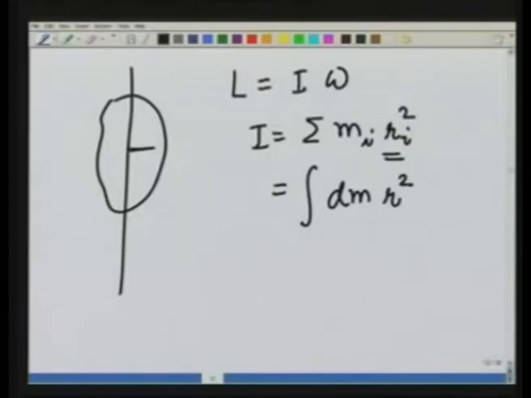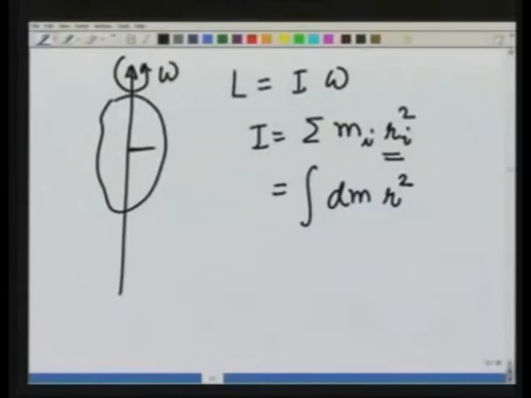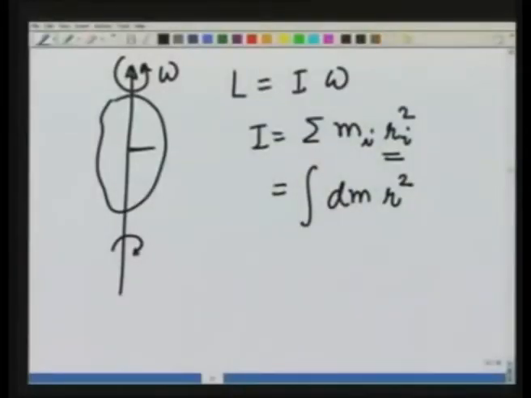Again, the sign convention is that if I take my thumb in the direction of the axis of rotation, then the curling fingers give me the positive omega. The thumb is pointing in the positive z direction or positive direction, whichever I choose, and the other way gives me negative. Remember, L is a vector quantity. This is equivalent to one dimensional motion, where momentum, which is a vector quantity, could have negative or positive values depending on which way the particle is moving.